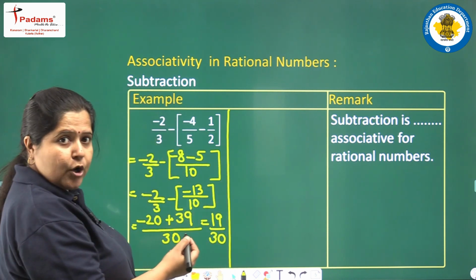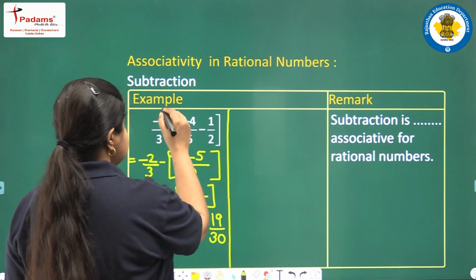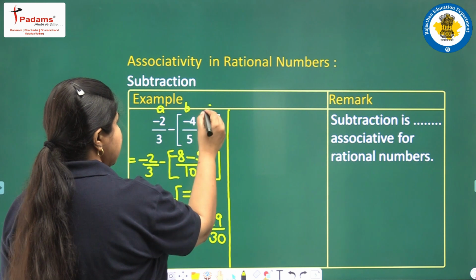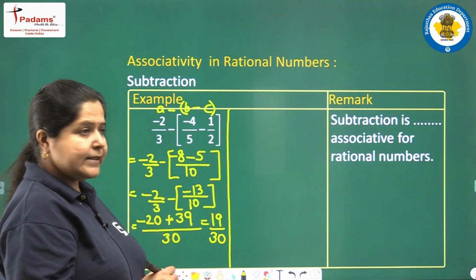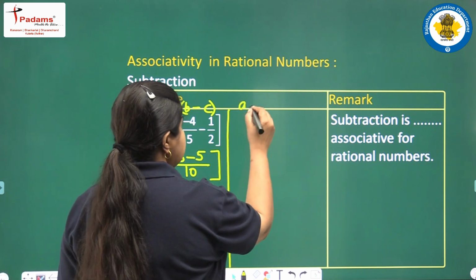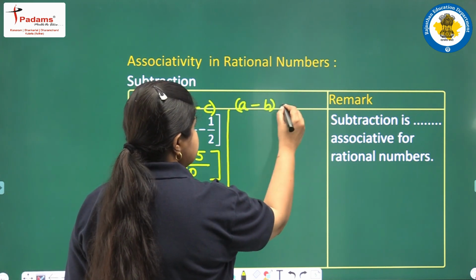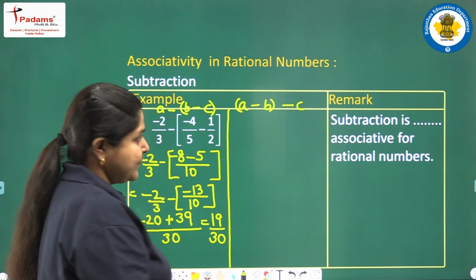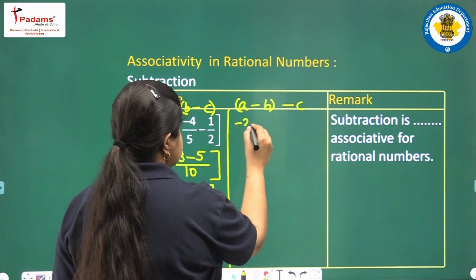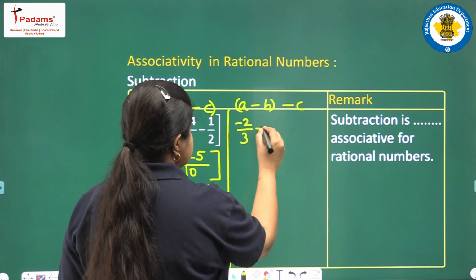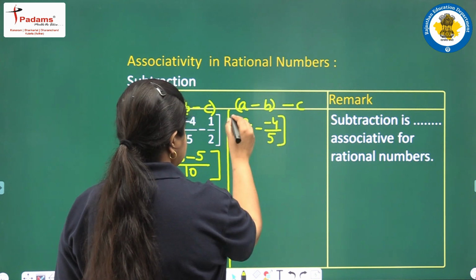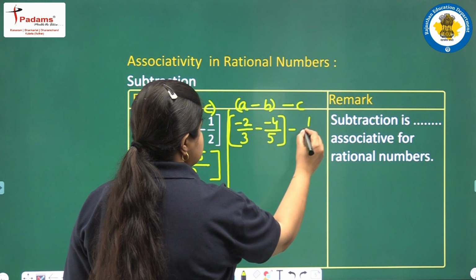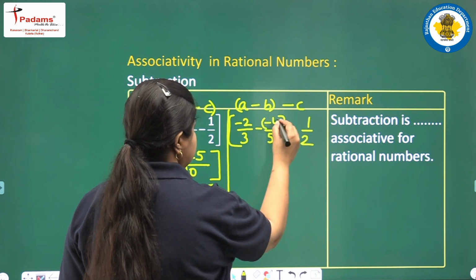We now change the order of subtraction. This is A, this is B and C. We were first subtracting B and C. Now we will subtract first A and B, and then we will subtract C. So A is minus 2 upon 3 minus 4 upon 5, then minus 1 upon 2.